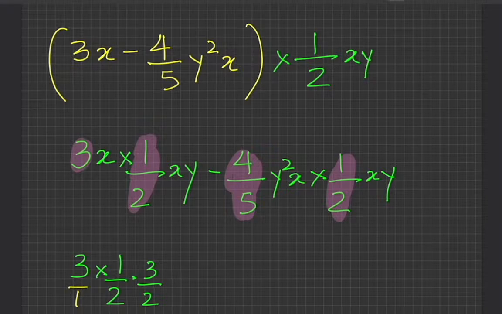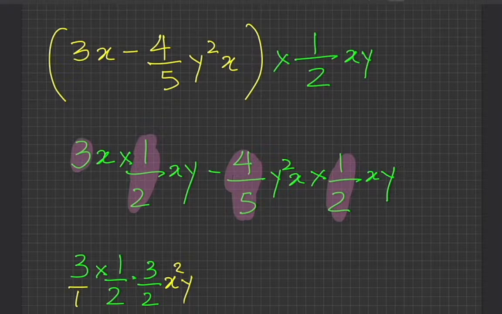Now x into x will give me x squared, correct? And then y. Got it? x into x is x squared, and y is the lone variable, so then just y.